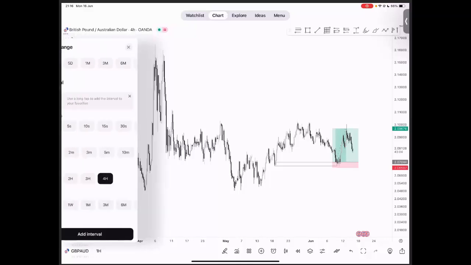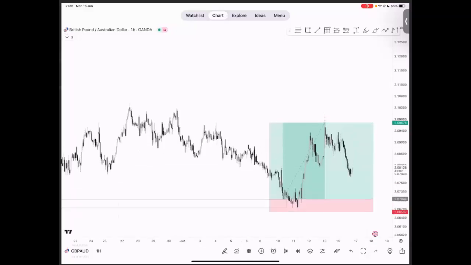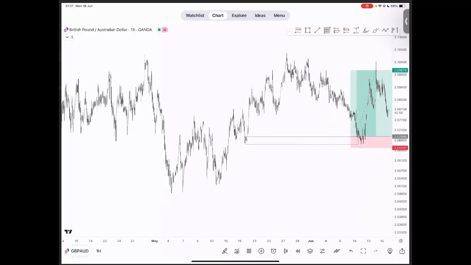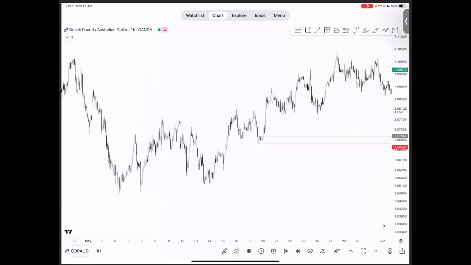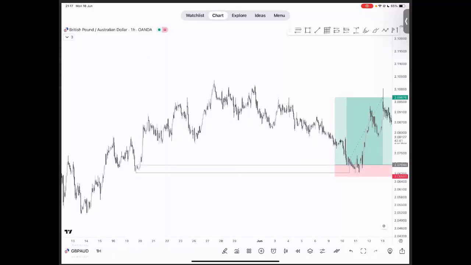Now, if you're going down to the 1 hour time frame, you realize that on the 1 hour time frame, this is actually still buying. This was where price is coming from. All right. First mitigation, came back again, second mitigation at this level, and then what created this sweep. Now there was a sweep of market structure here, and then what happens next?